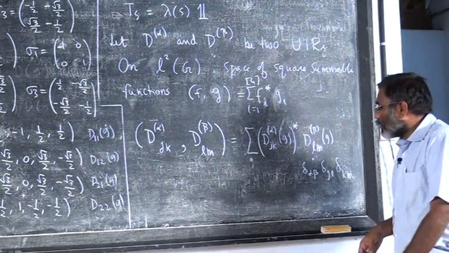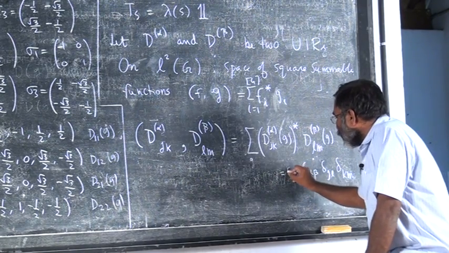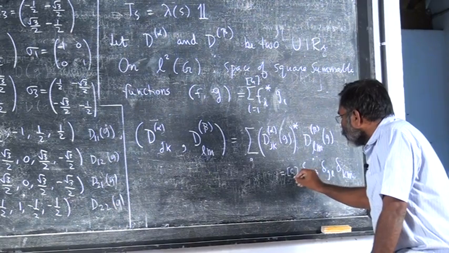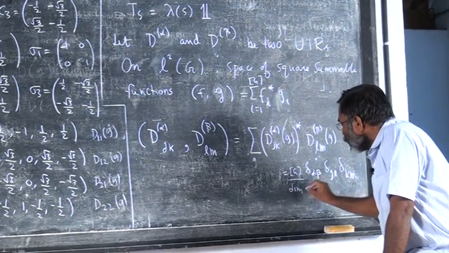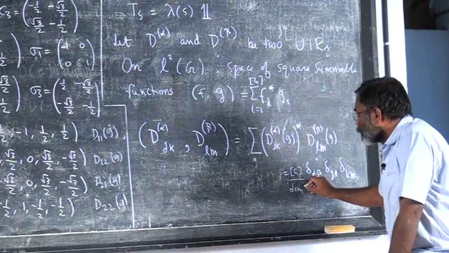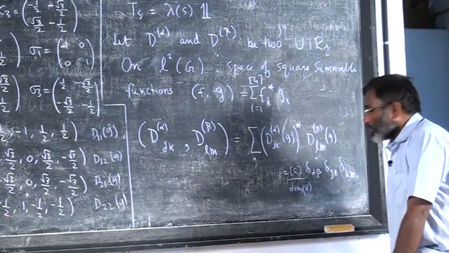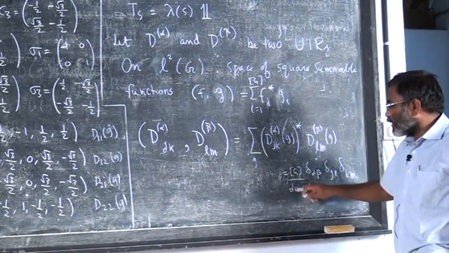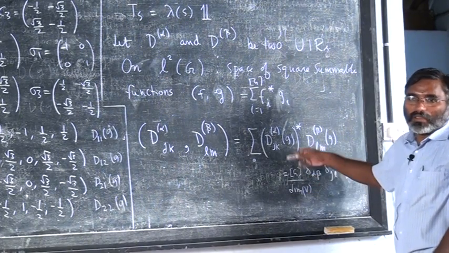So it is normalization, but that 3 is equal to the order of the group divided by the dimension of the vector space, or the dimension of this representation on which this is defined. This is a 2-dimensional representation. So 6 by 2 is 3.